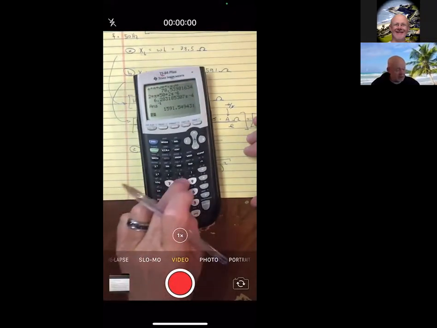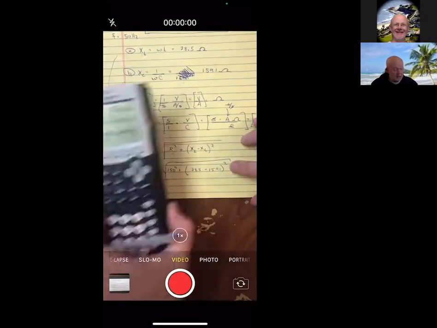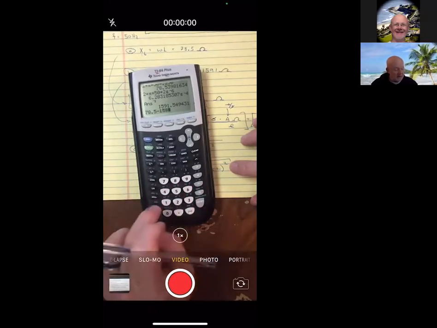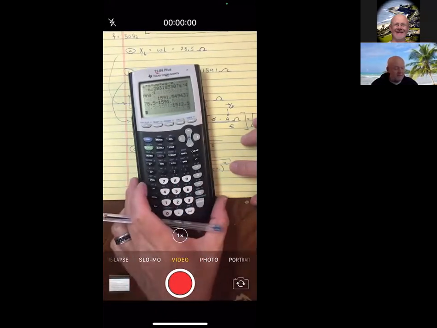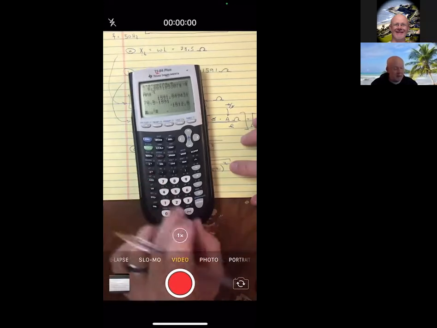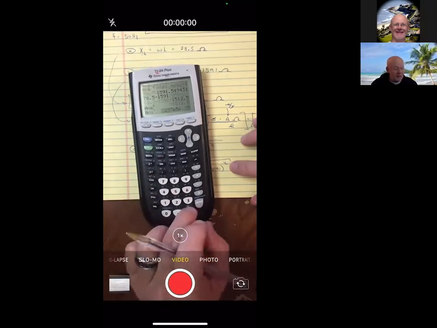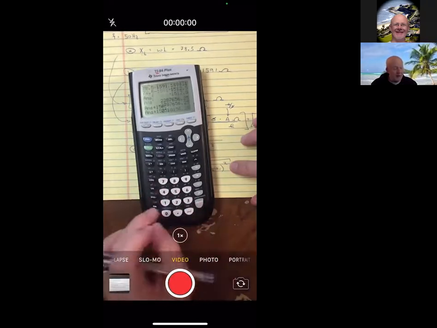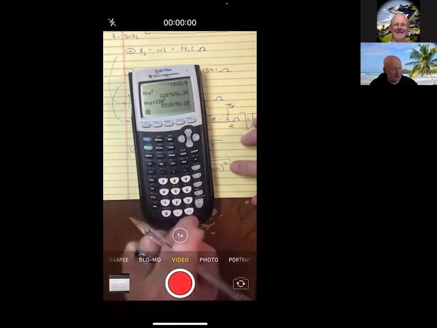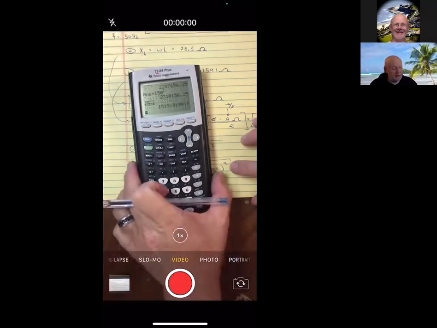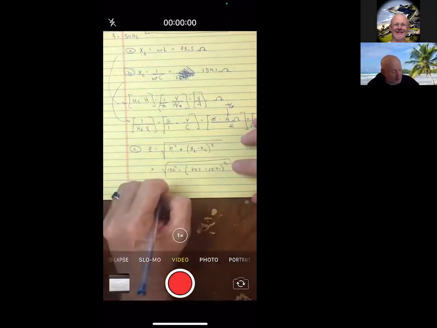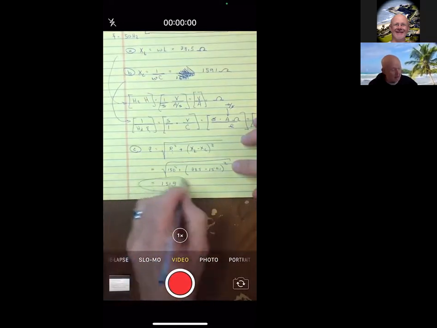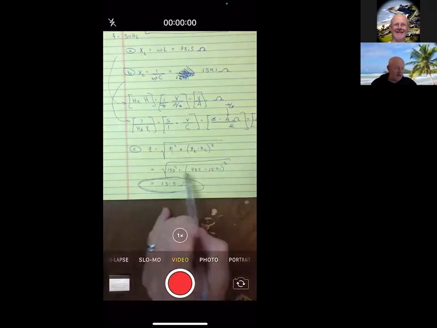So taking the 78.5 and subtracting the 1,591, you get that number, which I will now square, and add to 150 squared. And then finally take the square root of all of that. And I get 1,519 ohms.